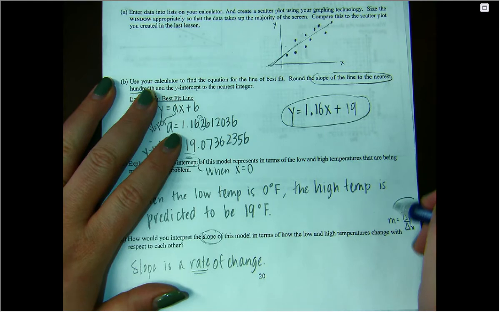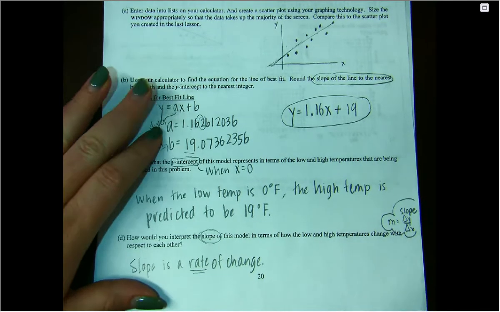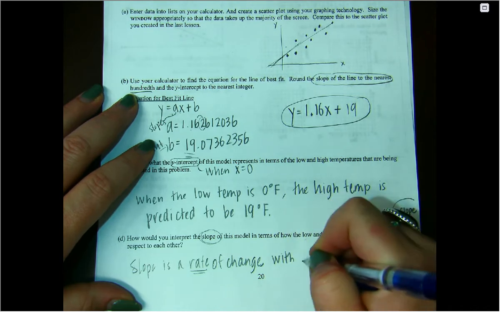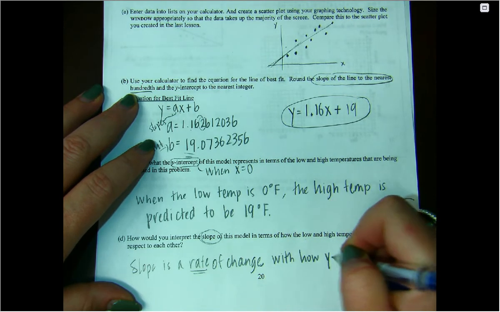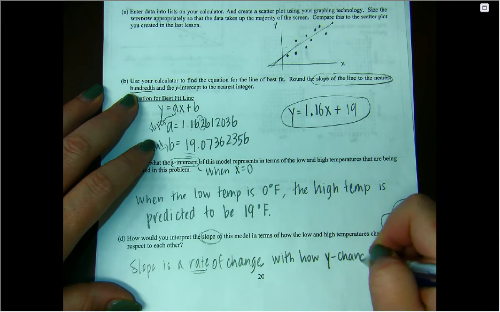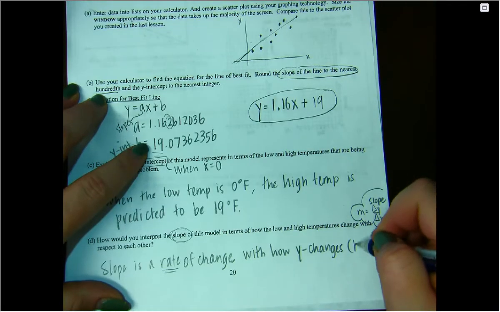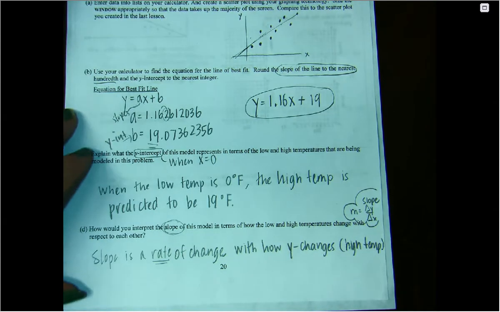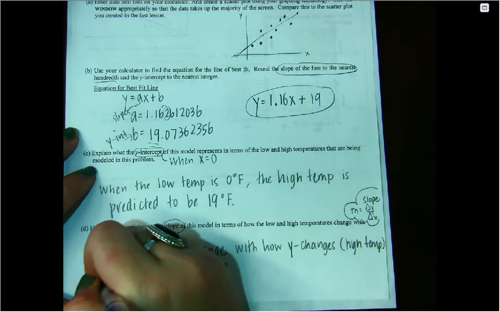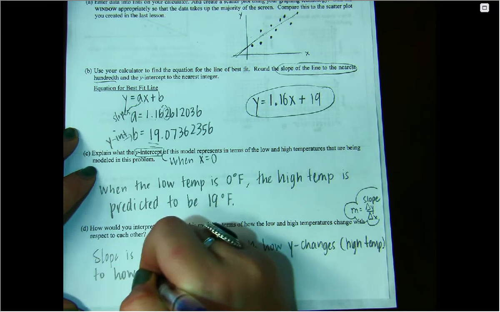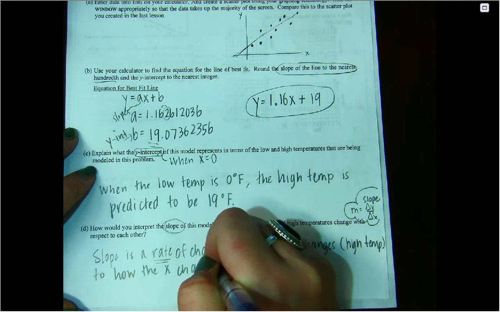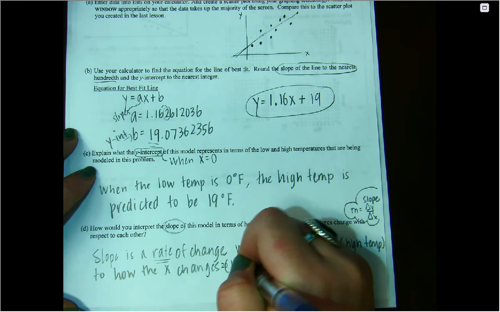Okay, remember this? So this is a rate of change with how y changes, which is my high temperature, okay, to how the x changes. This is my low temperature.